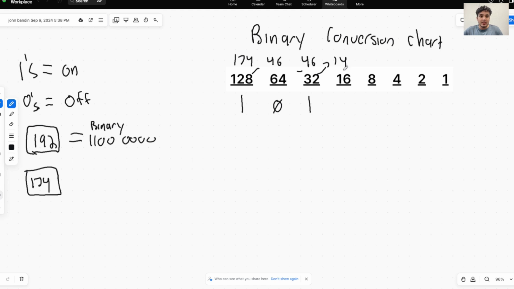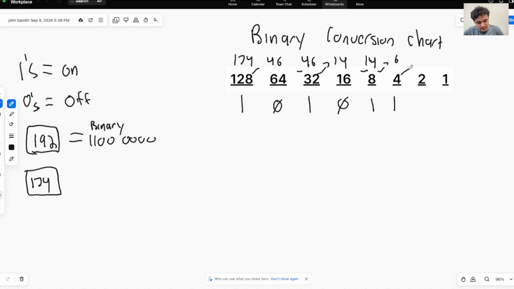14. Is it greater than or equal to 16? It's not. It's less than. Off bit, or 0 bit. Kind of got a little bad writing there. It's okay. It's a 14 though. 14 is greater than or equal to 8. So that's 1. We're going to do some subtraction. 14 minus 8 is 6. Right? This is embarrassing. 14 minus 8 is 6. 6 is greater than or equal to 4.